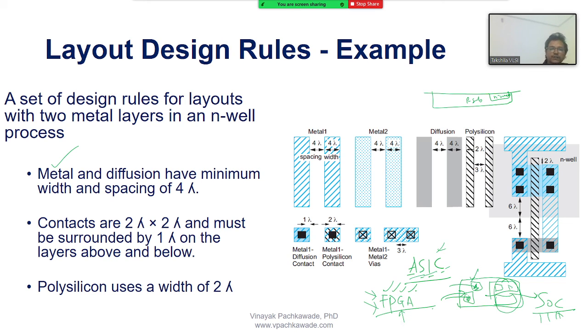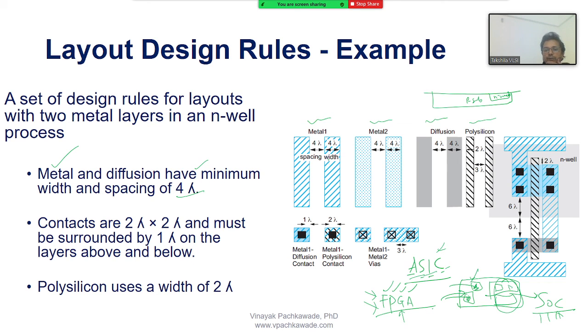So you see now you have metal and diffusion. They have a minimum width and spacing of 4 lambda. So you have to see where your metal and diffusion are. This is metal layer 1, this is metal layer 2, this is diffusion, this is polysilicon. As a designer I have to follow the rules. What is the rule?